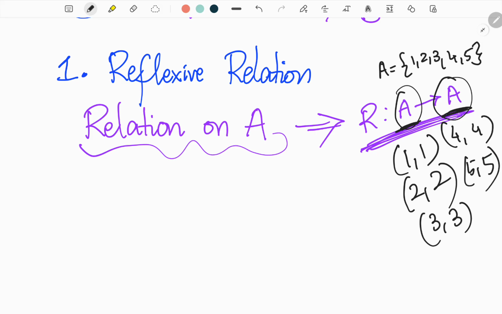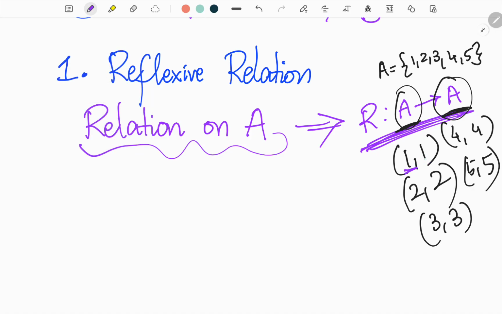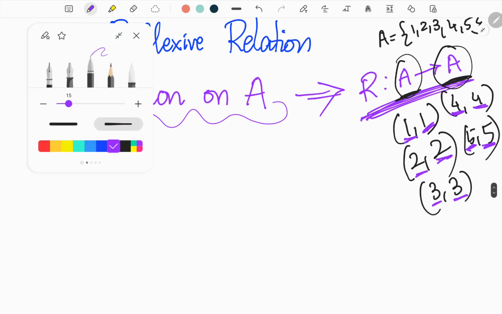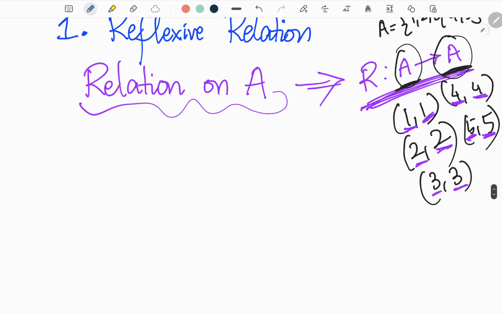In these examples, all the x values, that is the pre-image, and the image is the same. So these are the elements which satisfy the reflexive condition, and if in a relation these elements are present, then it is known as a reflexive relation.